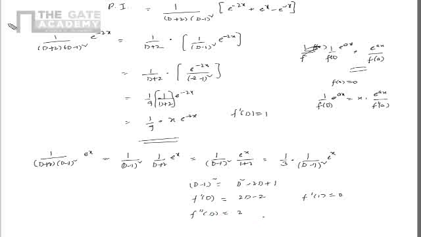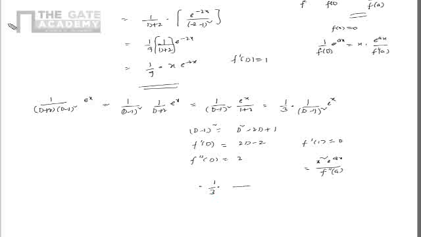So this will become x square e power x by f double dash of a. This is the general form. So it will become 1 by 3, f double dash is 2, into x square e power x. So it will be x square by 6 e power x, the second term. Wonderful. So you have to pay attention to the rules we have derived.